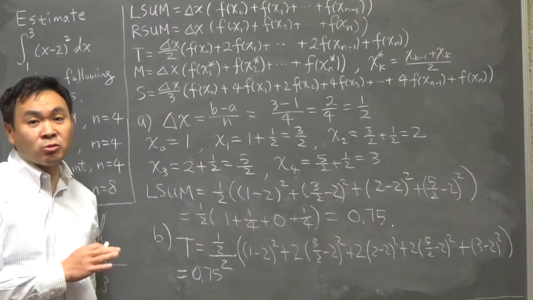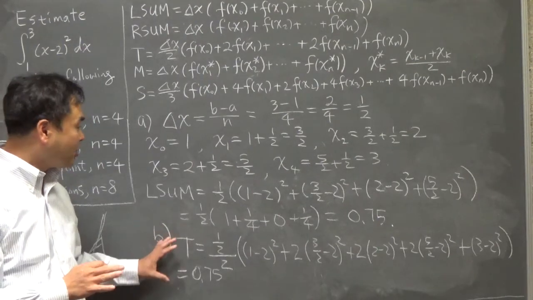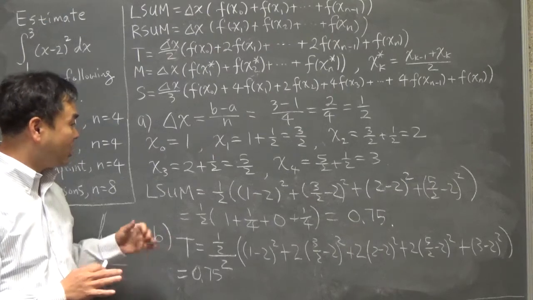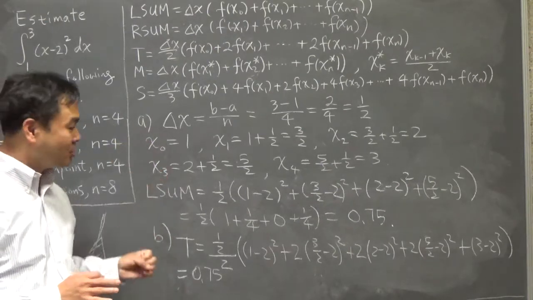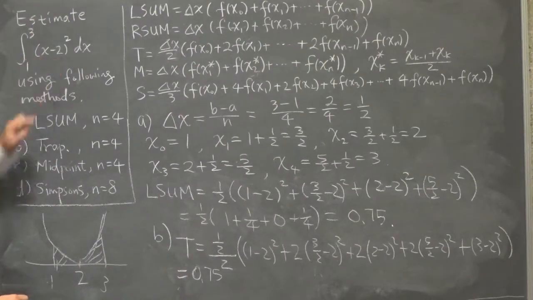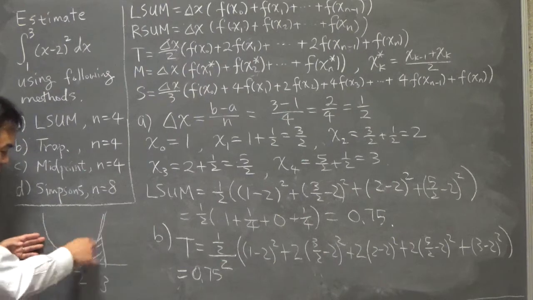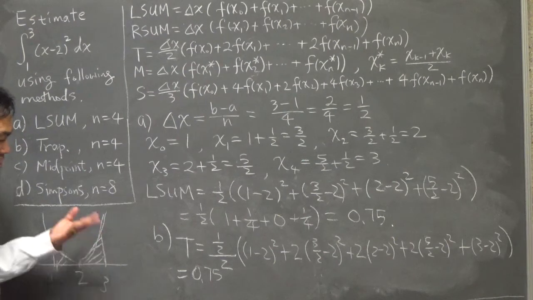Now usually the trapezoidal method will be a better approximation to the area than left sum or right sum, but this is a very unusual case because it is symmetric.